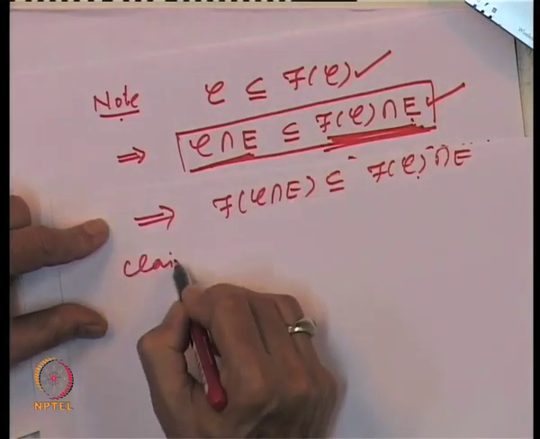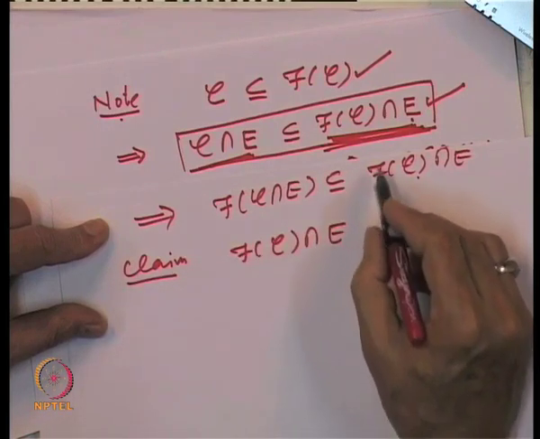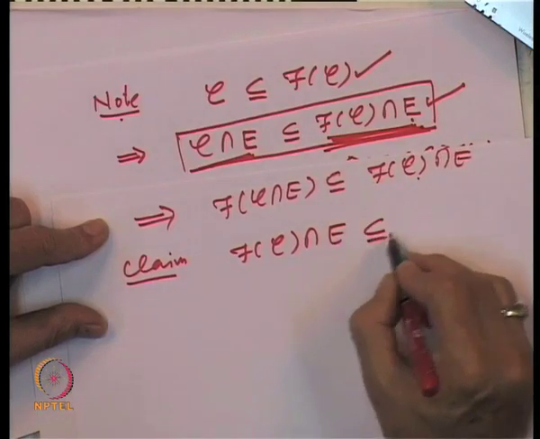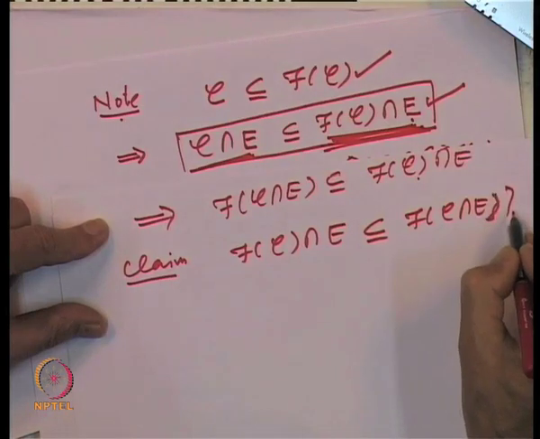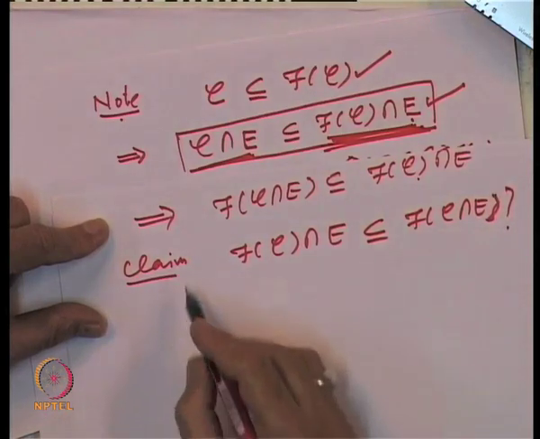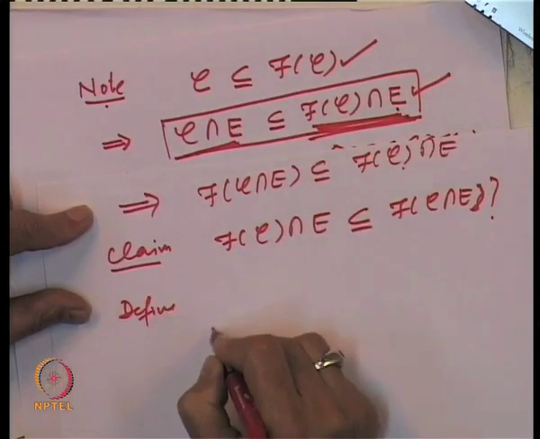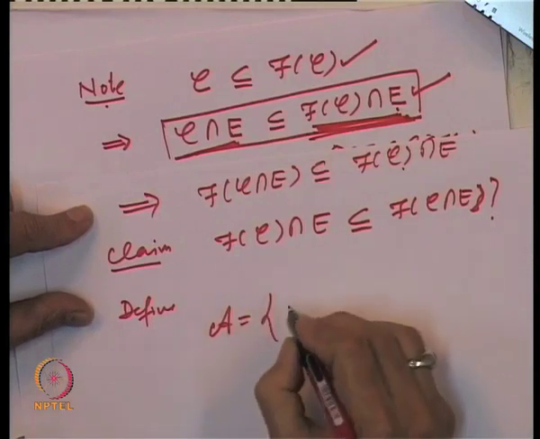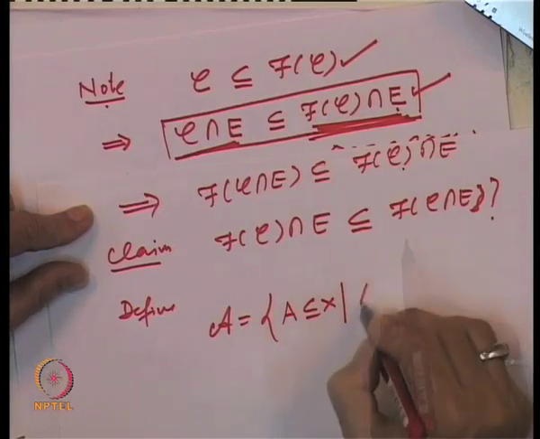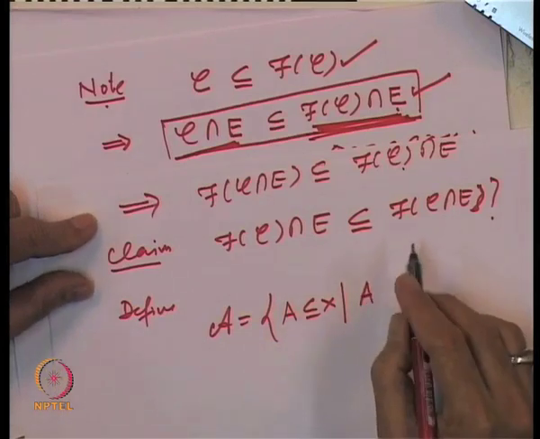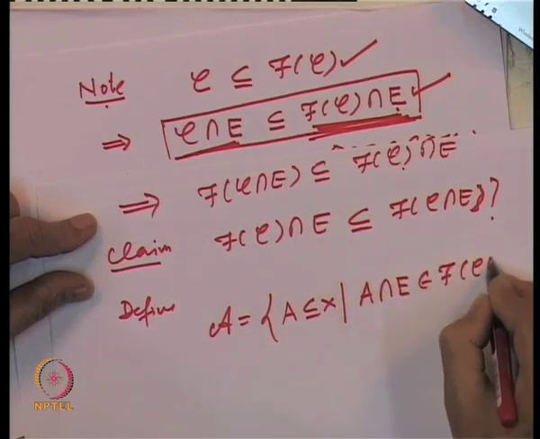So, claim that F of C intersection E is a subset of F of C intersection E. So, this is what we have to prove. To prove this, let us define a collection A to be all sets A contained in X such that A intersection E belongs to F of C intersection E.